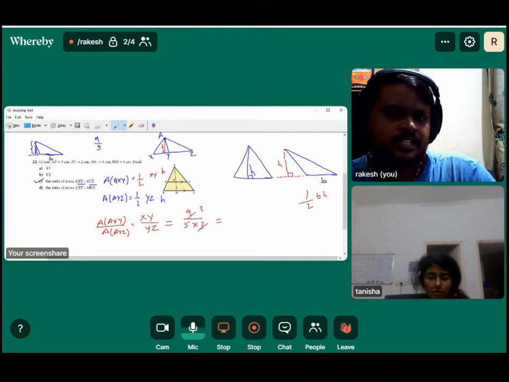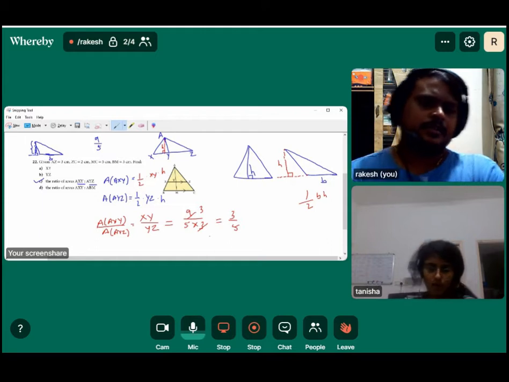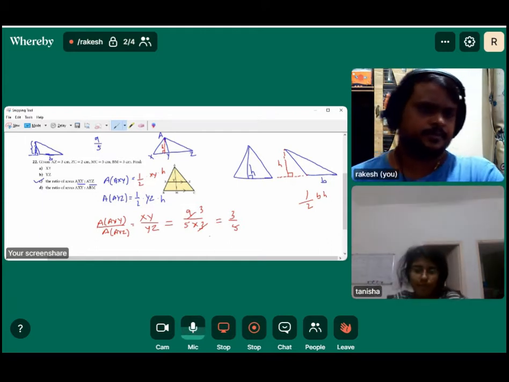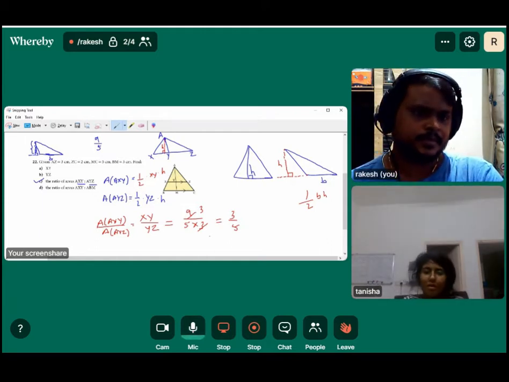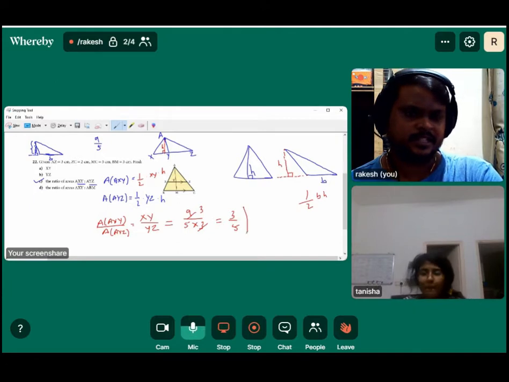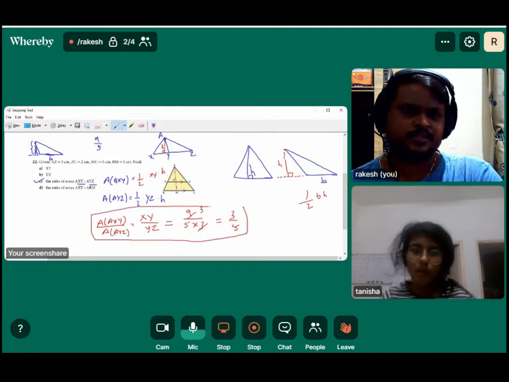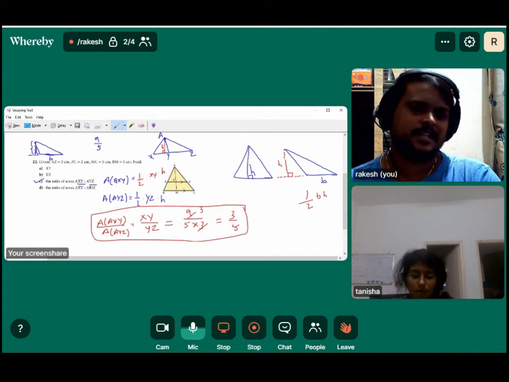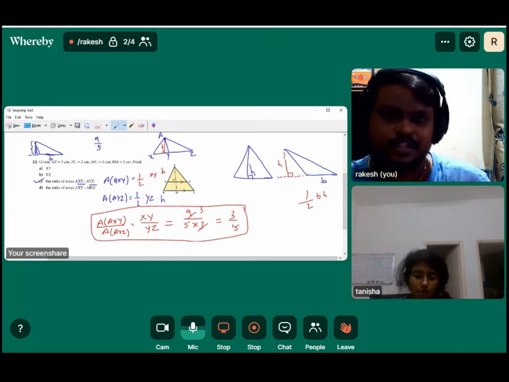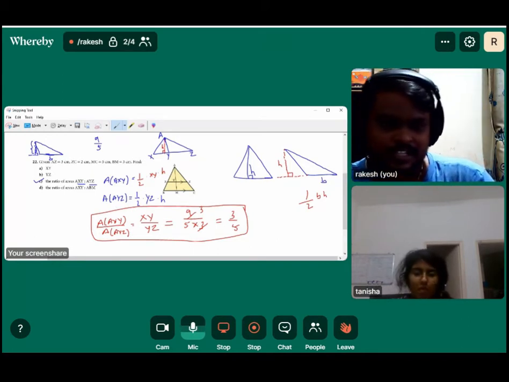So 3 3s are 9. So the ratio is 3 by 5. Fine. This is a trickier question given apart from similarity. They just try to check your previous knowledge about the triangle and its area.